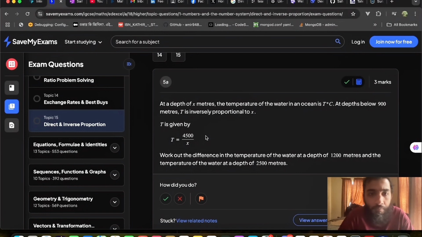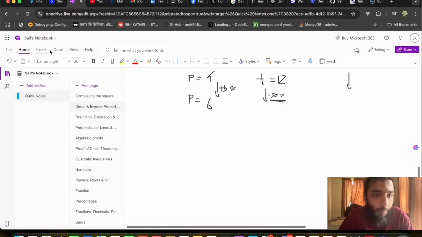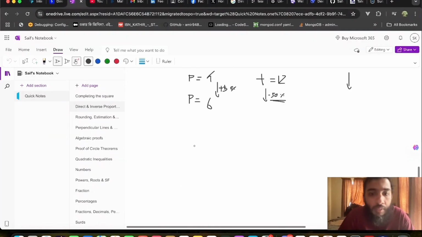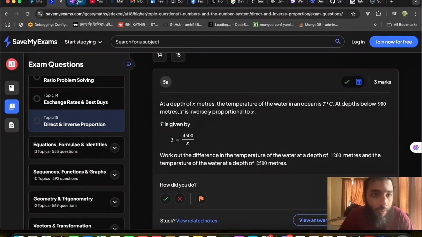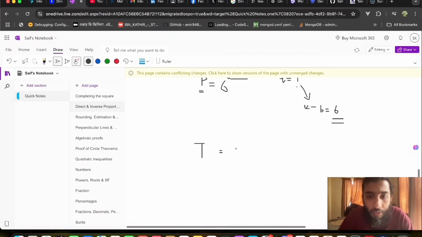If I use my pen tool, it says T is inversely proportional and the formula is given as T is 4500 by x.